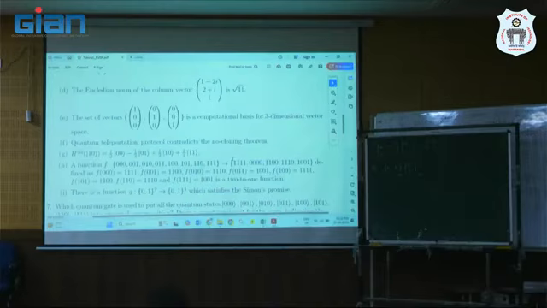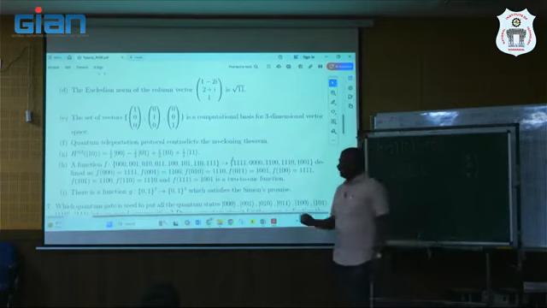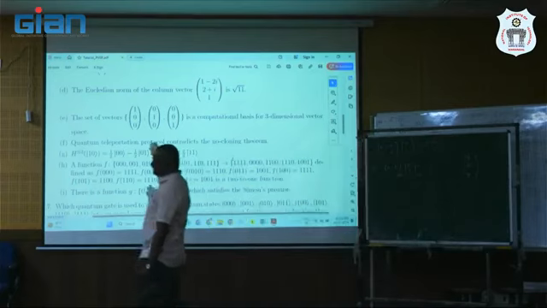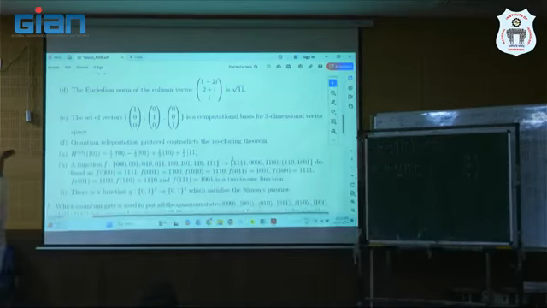For example, if I give you the column vector 6, 7, 8, is it possible to represent it using these 3 column vectors, 1 0 0, 0 1 0, 0 0 1, as a linear combination? How do you do that? 6 times 1 0 0 plus 7 times 0 1 0 plus 8 times 0 0 1.